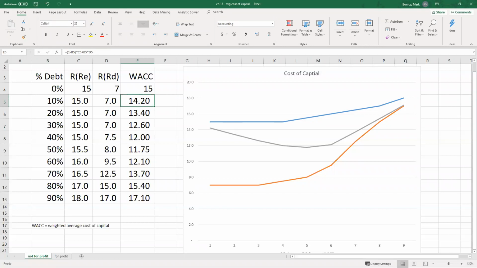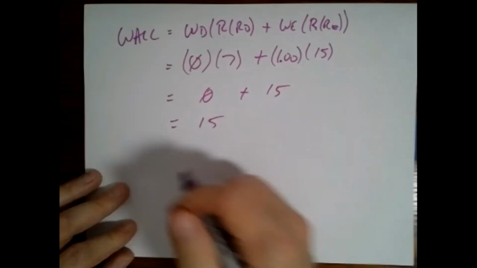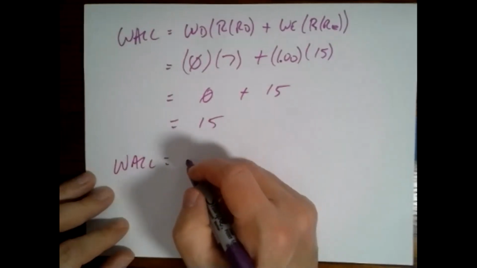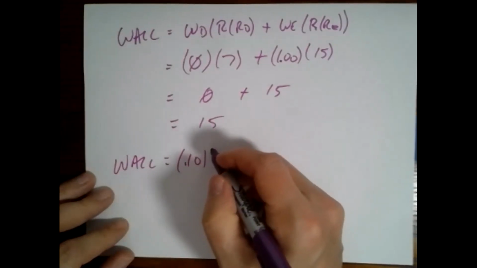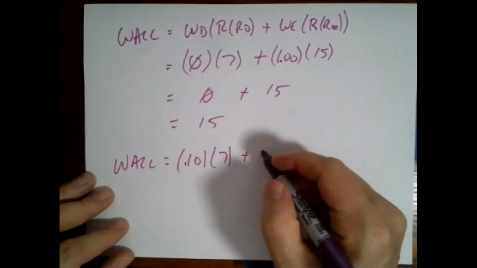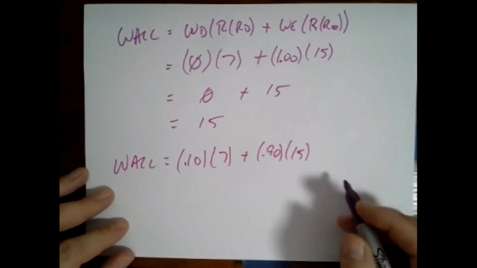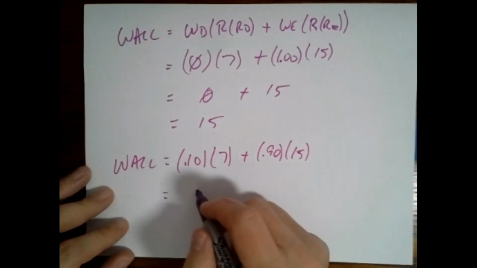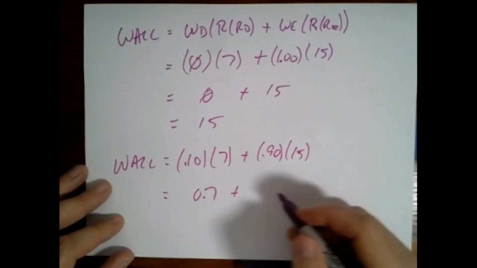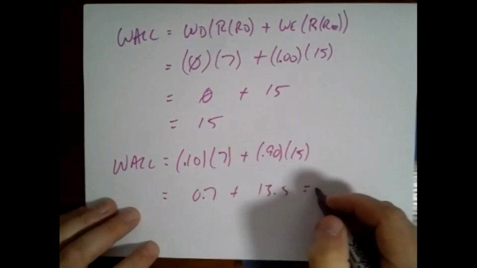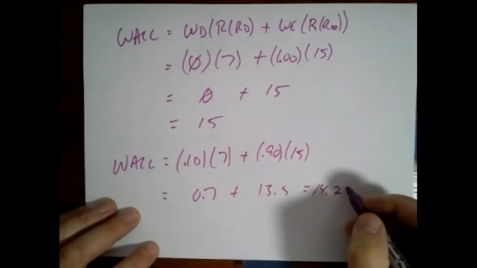So, with 10% debt at 7 plus 90% equity at 15, I get 0.7 plus 0.9 times 15, which is 13.5, which is going to add up to 14.2%.